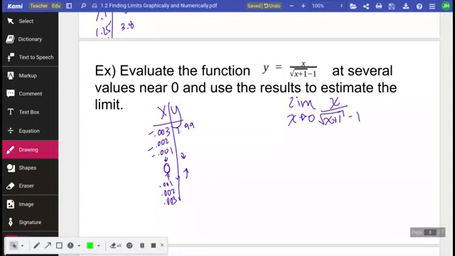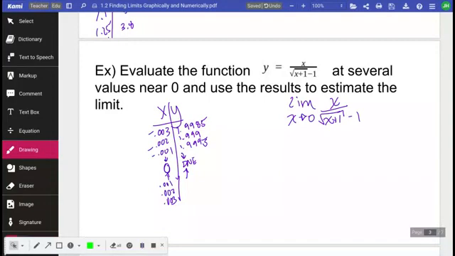This is 1.9985. If we were to take it far out, 1.999, 1.9995. This is undefined or does not exist here.